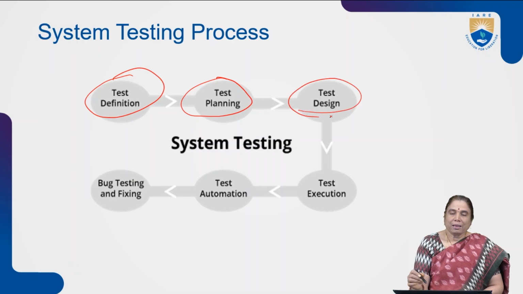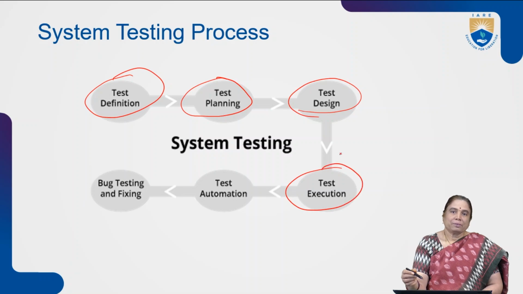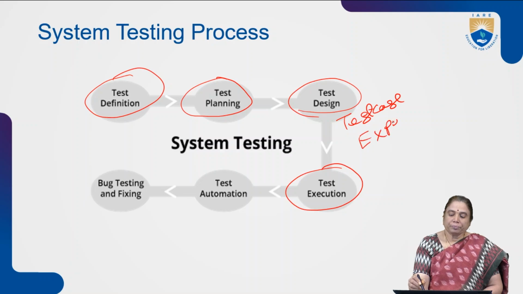Accordingly, the test design must be carried out to write the test cases with the expected results. The test cases designed in the previous phase of test design can be executed to get the actual result. In the test design, the test cases are written with the expected output.